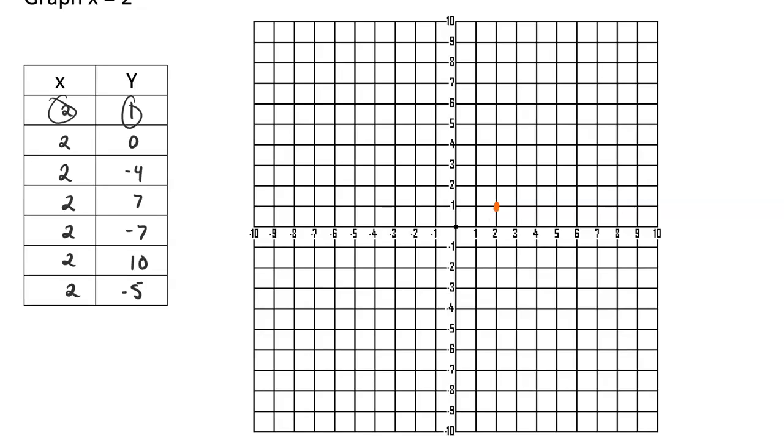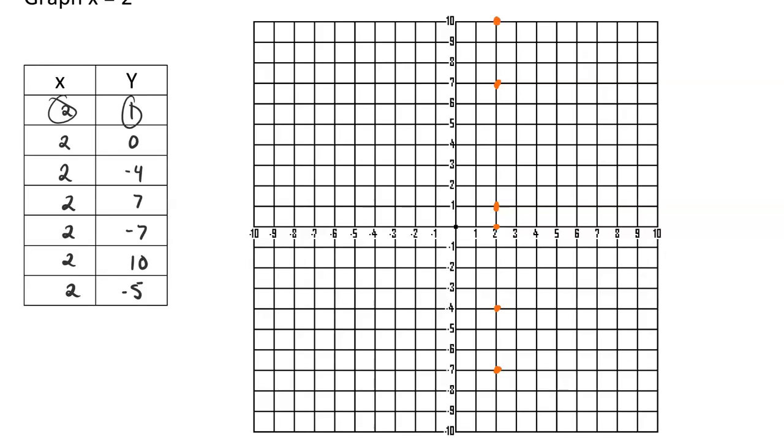So x again is 2 and y is going to be 0, so it's right below it. Third one is 2 and -4. Then 2 and 7, 2 and -7, 2 and 10.